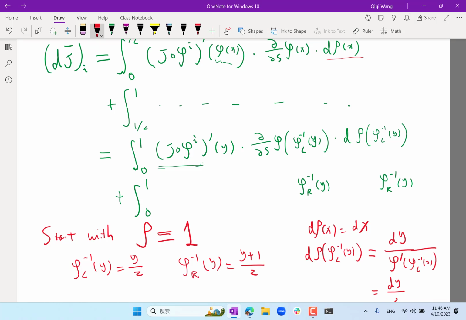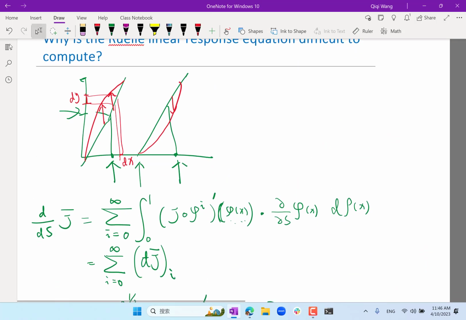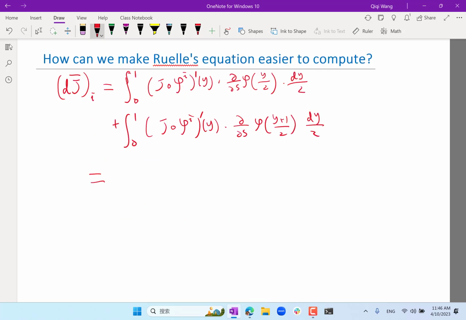When we are perturbing the sawtooth map like that, the perturbation is zero at the boundary points, when x is equal to 0, x is equal to half, and x is equal to 1. So the boundary term vanishes, assuming phi equal to 0 at 0, half, and 1.